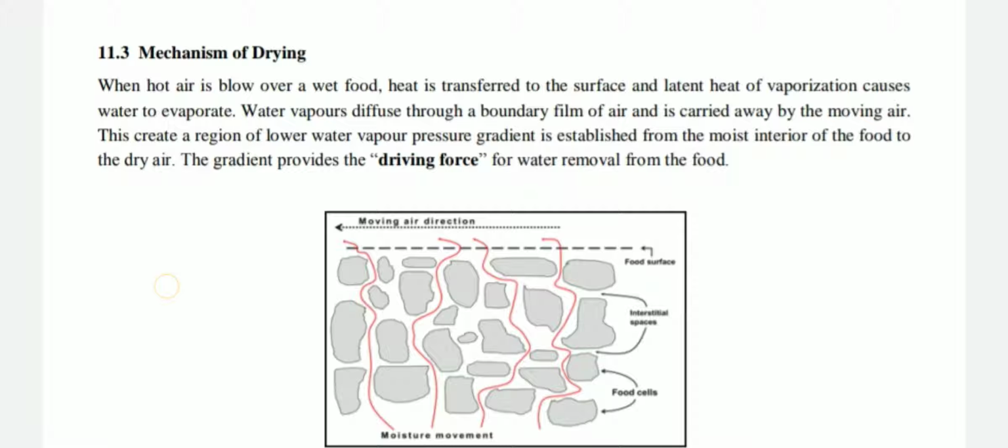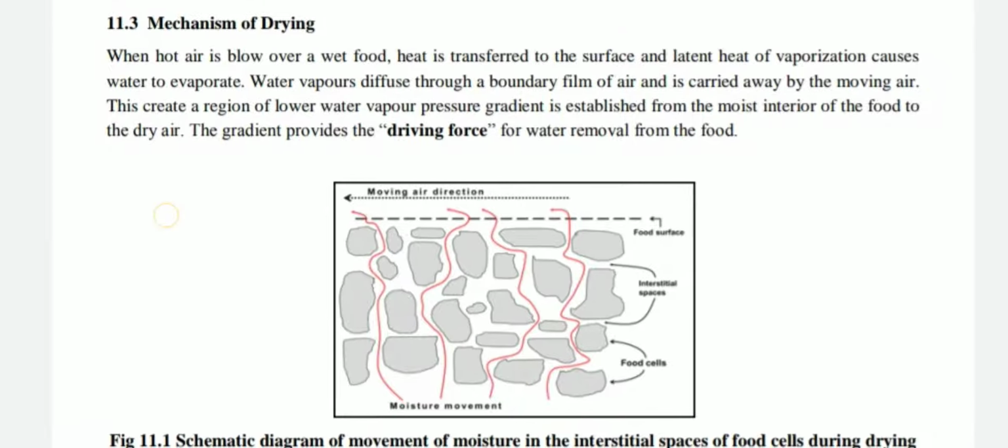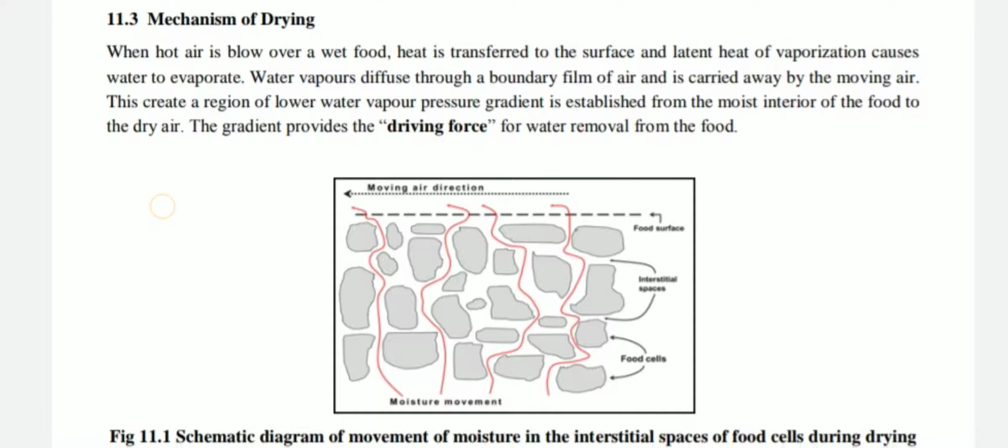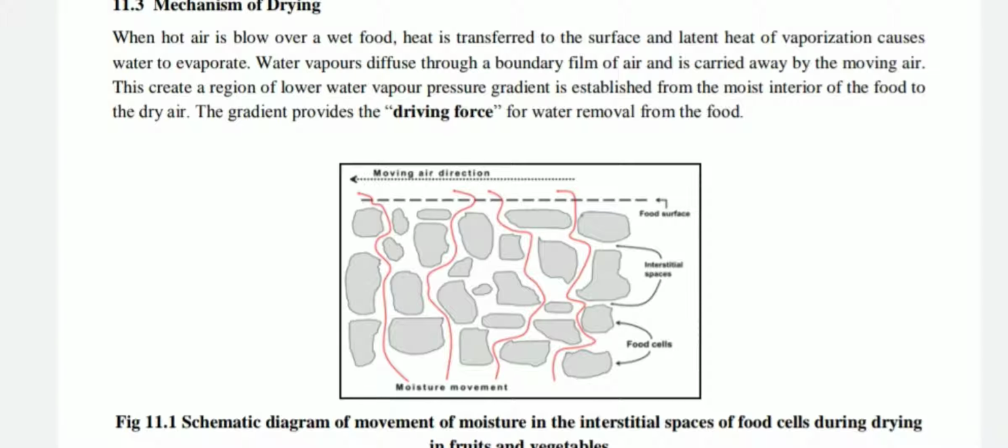So a lower water vapor pressure gradient is established from the moist interior of the food to the dry air. This gradient provides the driving force, because we know that everything in any state wants to move from higher concentration to lower concentration, whether it is a liquid or a gas molecule.